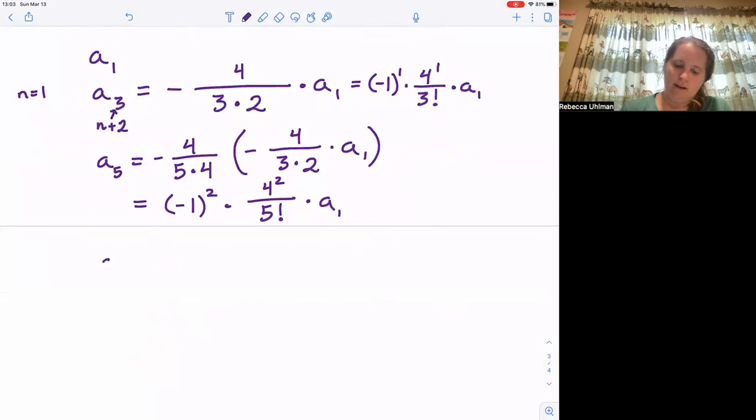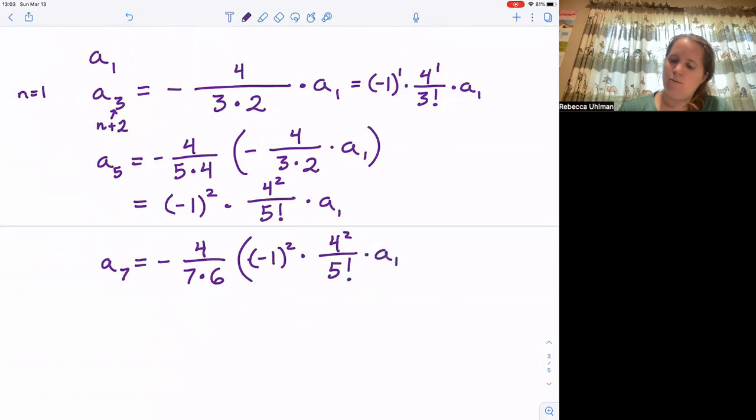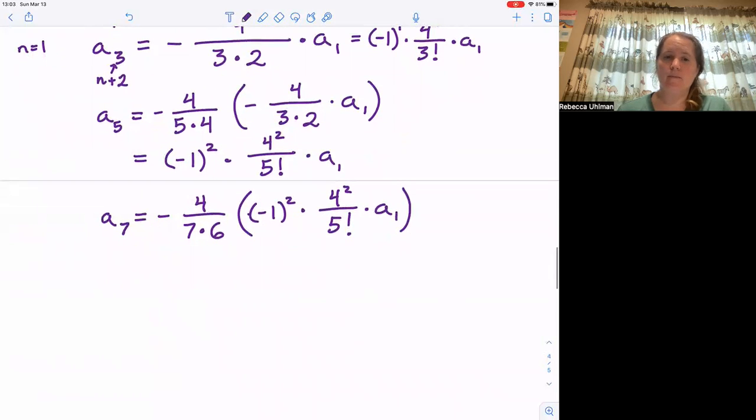If we keep going, a7, we would be looking at negative 4 over 7 times 6, multiplying this negative 1 squared times 4 squared over 5 factorial times a1 we found previously. That was just doing our negative 4 over n plus 2 times n plus 1, multiplying by our a5. This simplifies to negative 1 cubed times 4 cubed over 7 factorial times a1.